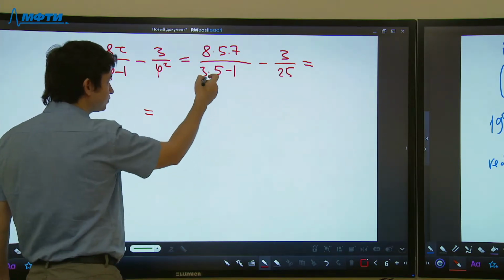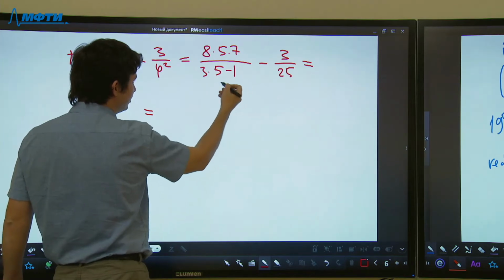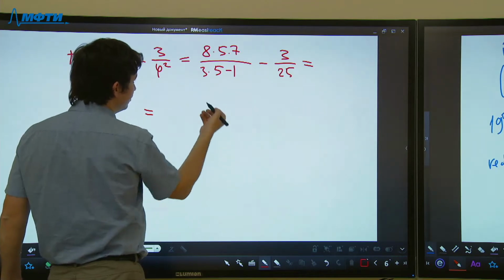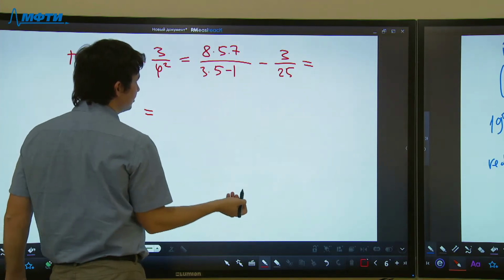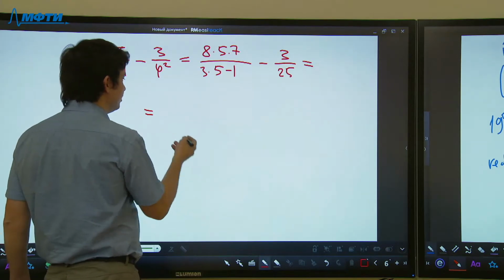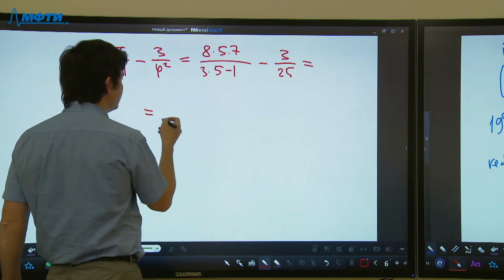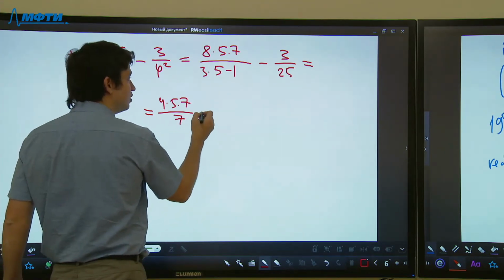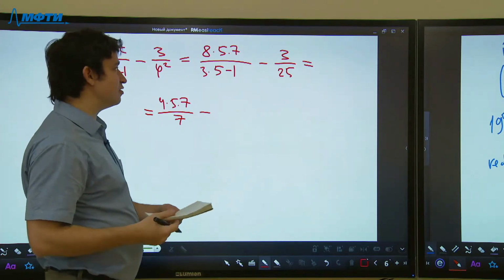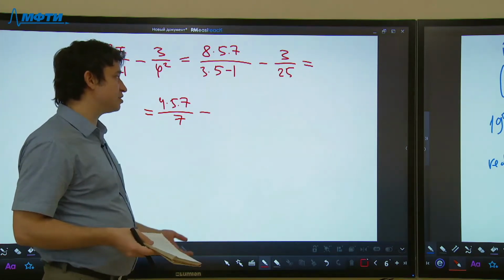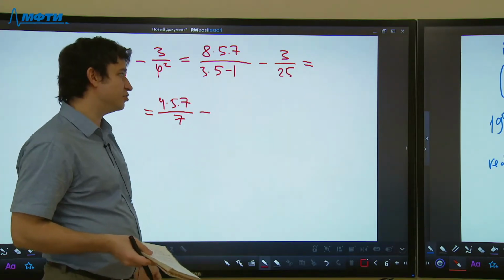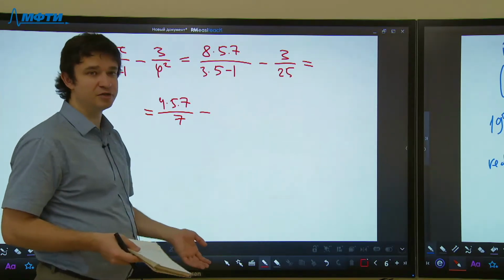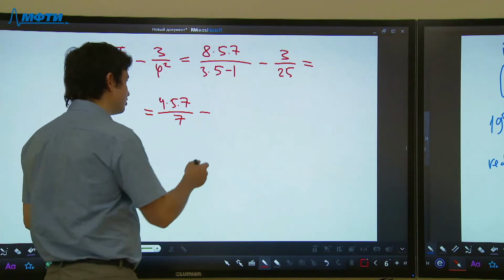If I calculate the denominator, I would get 14. So this is something over 14. As I see that I have 8 in the numerator, 8 over 14 is 4 over 7. So I can write that this is 4 times 5.7 over 7 minus 3 over 25. Well, actually, the easiest way to deal with this quantity is just to use the decimal representation. 3 over 25 is 12 over 100, that is 0.12.